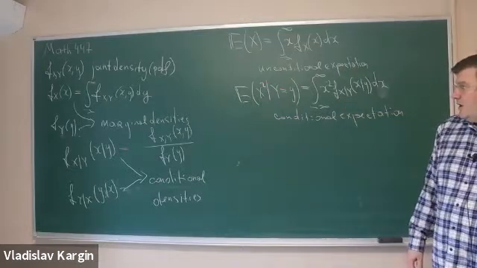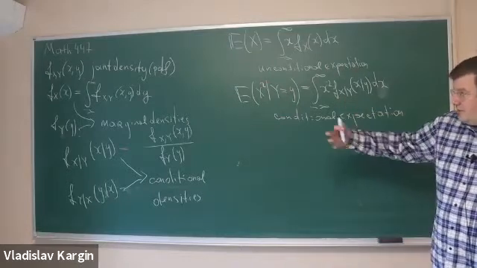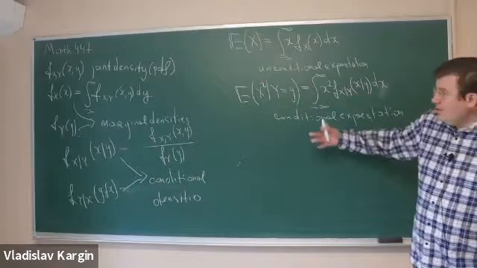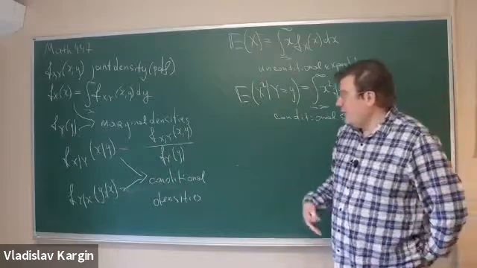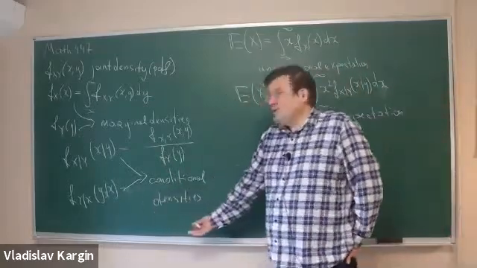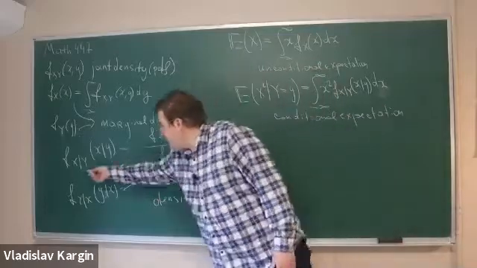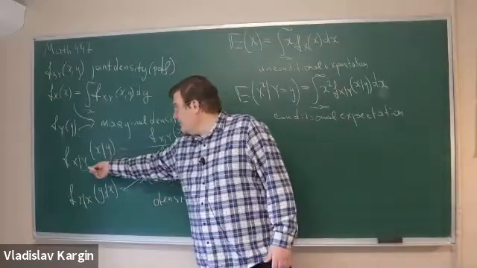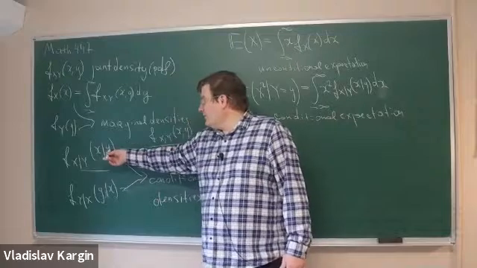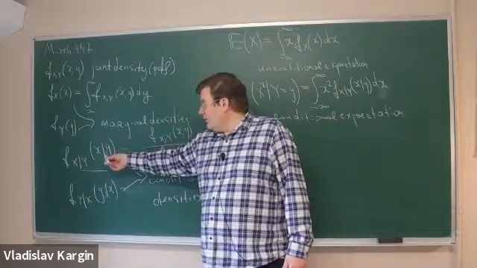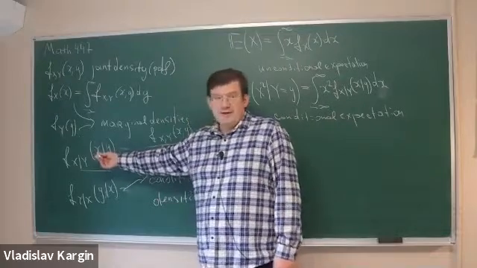So now what we learn after that, well, the meaning of the conditional density: if we learn something about, say, y, so we know that y is equal to y small, then this gives us the density of x.